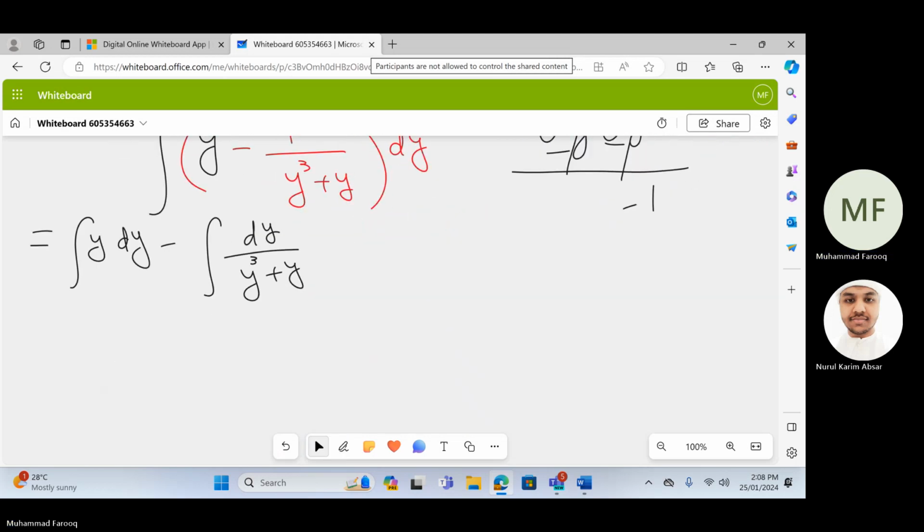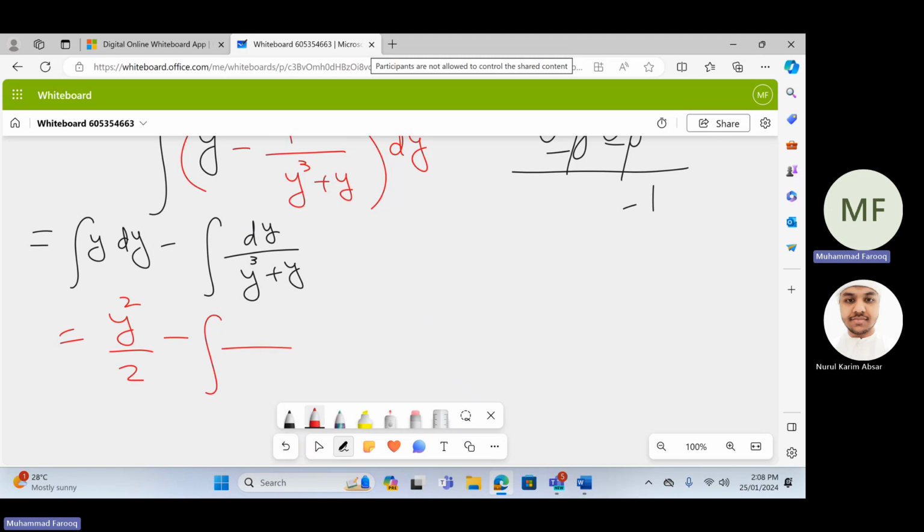It is n plus 1 over n plus 1, which is y squared over 2. For this integration, you have to use partial fraction decomposition. Now you can start your procedure because the top degree is less than the bottom, nice, proper. So how do you start the procedure? You have to factorize. So take y common, it becomes y squared plus 1. Understand?